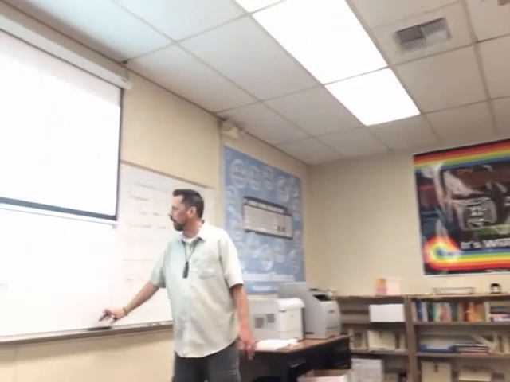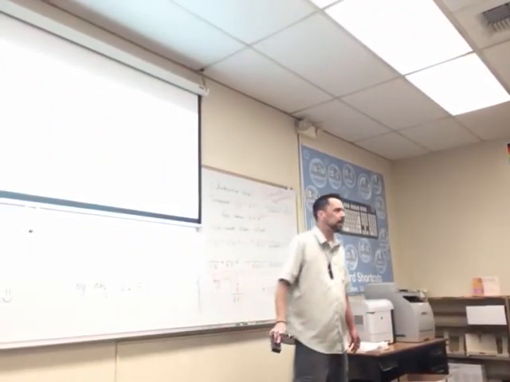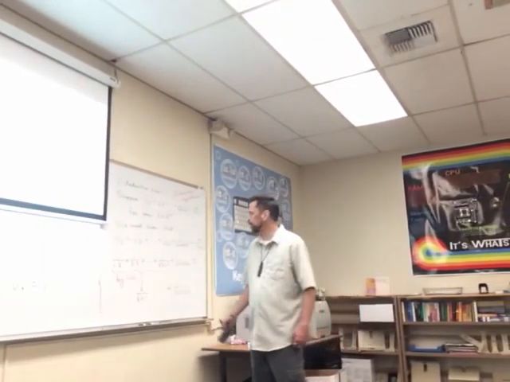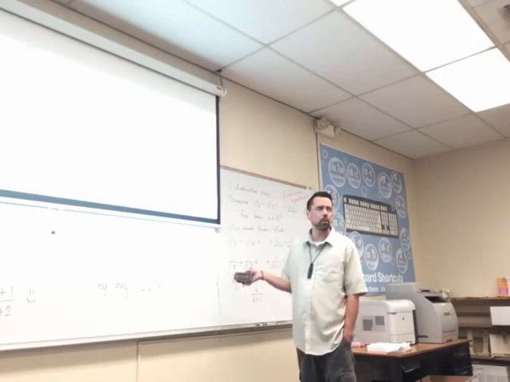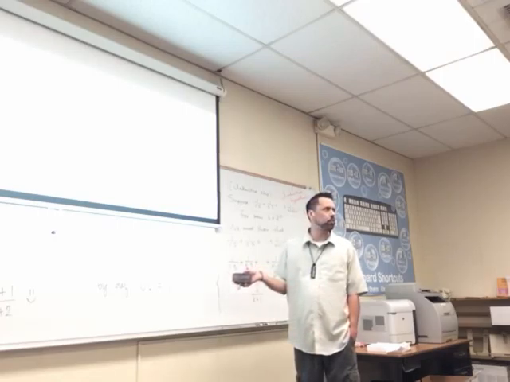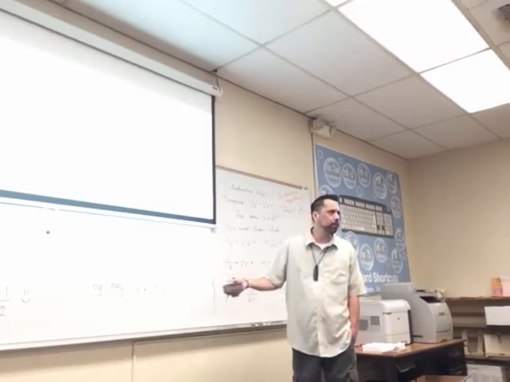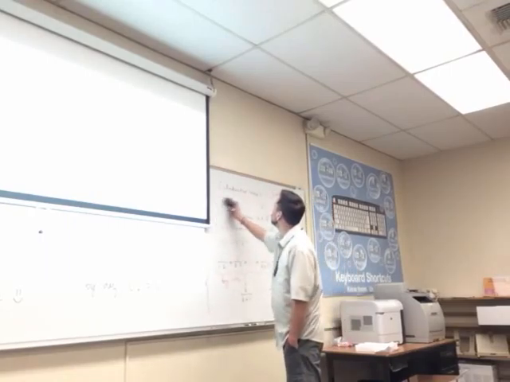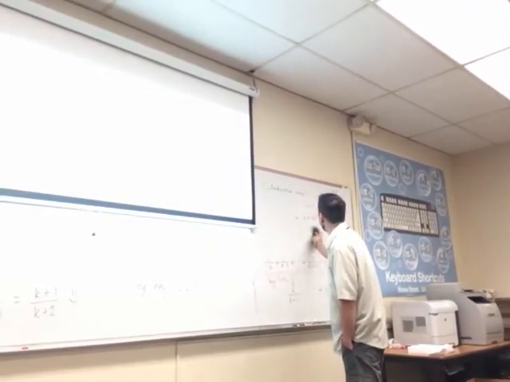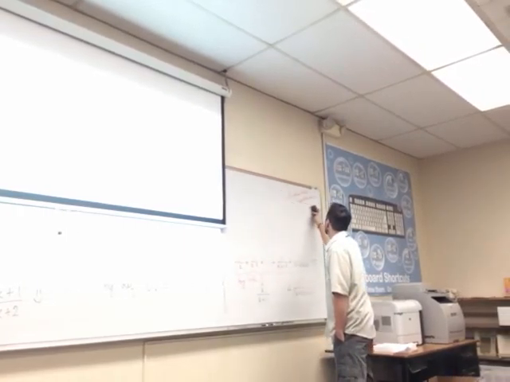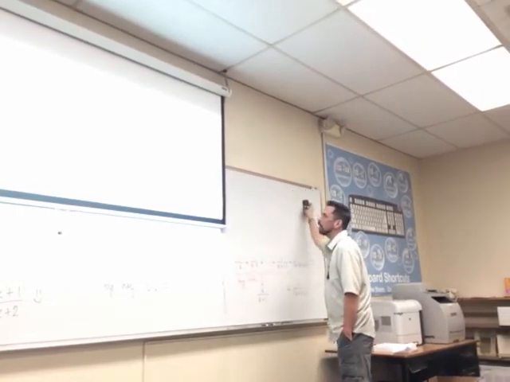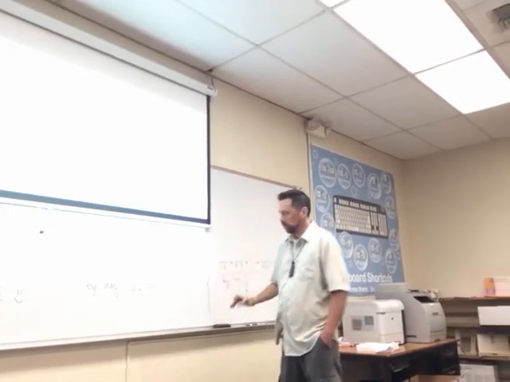But when we get to counting, I'll come back to 0 factorial. The biggest reason to make 0 factorial equal 1 is because it makes a lot of formulas work that wouldn't work if we didn't have that.